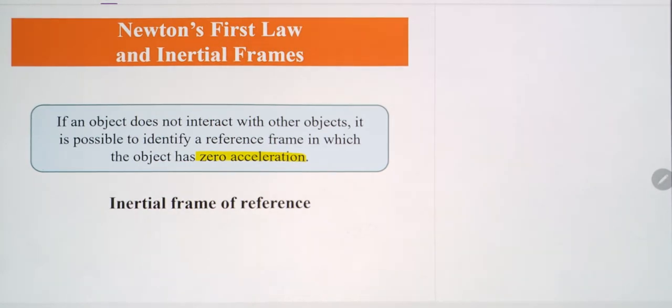So if I want to know if I'm moving in a constant velocity, the observer has to be from outside my inertial frame of reference. Other than that, I cannot know. That's what he was trying to say. So in order to apply Newton's laws, your inertial frame of reference must have zero acceleration. Constant velocity, no problem. Any acceleration, it will affect the laws.